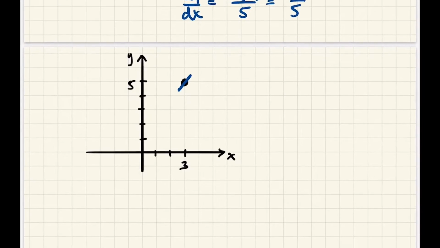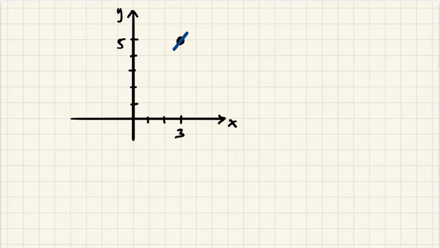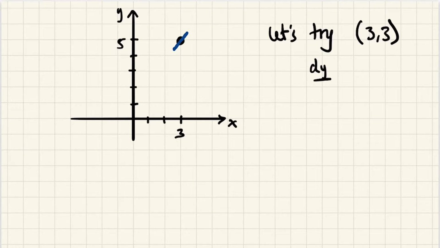All right, let's try another point. How about the point 3, 3? Well, its derivative at 3, 3 would be 2 times the x coordinate divided by the y coordinate, which would be 6 over 3, that's 2. So if a solution goes through the point 3, 3, we know from our differential equation that it has to go through that point with exactly a slope of 2.